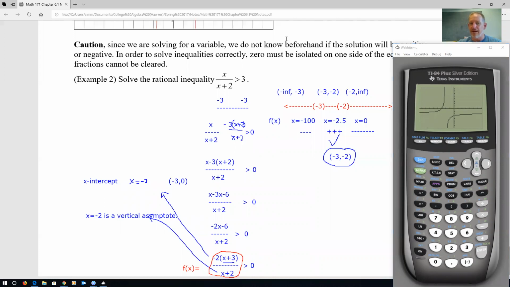So from here to here, it's going to be positive. And then at this asymptote, the graph will dip below again. So my interval would be from -3 to -2 and everything in between.